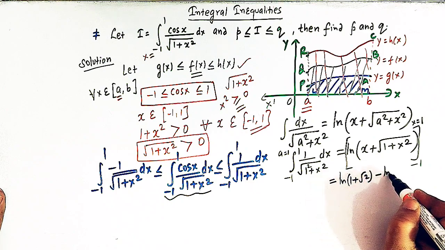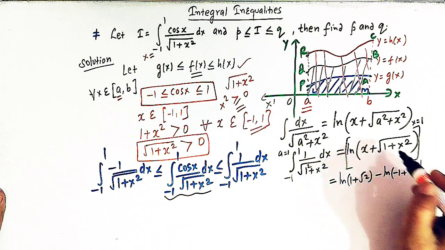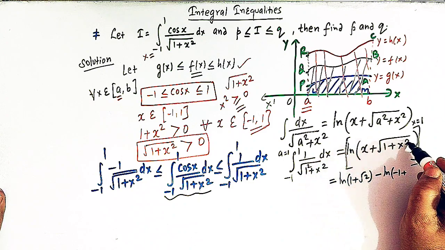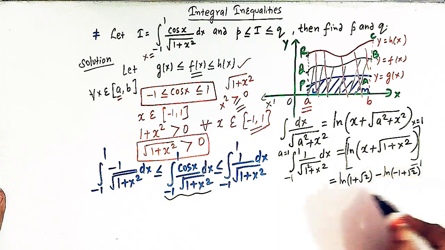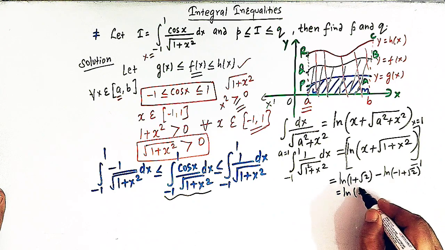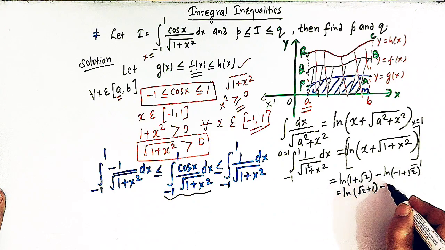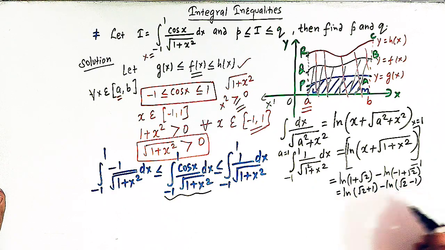And then we have log of minus 1 plus square root of minus 1 square plus 1, that is 1 plus 1, which is square root of 2. So now we can write log of square root of 2 plus 1, minus log of square root of 2 minus 1.